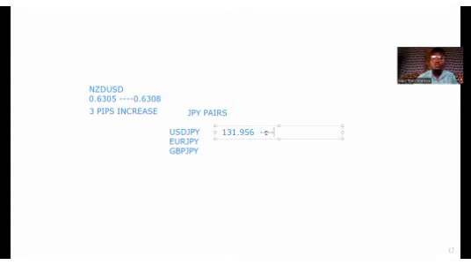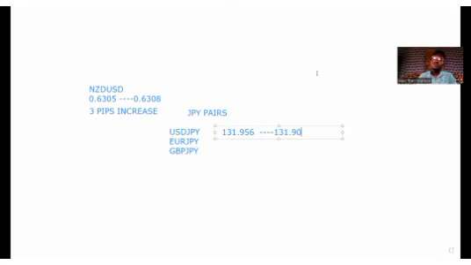So let's say peradventure USD JPY dropped to 131.90. So now the difference here that we have, you can use your calculator as well to understand this, because we are not calculators, we are not computers, we are human. You understand what I'm trying to say?